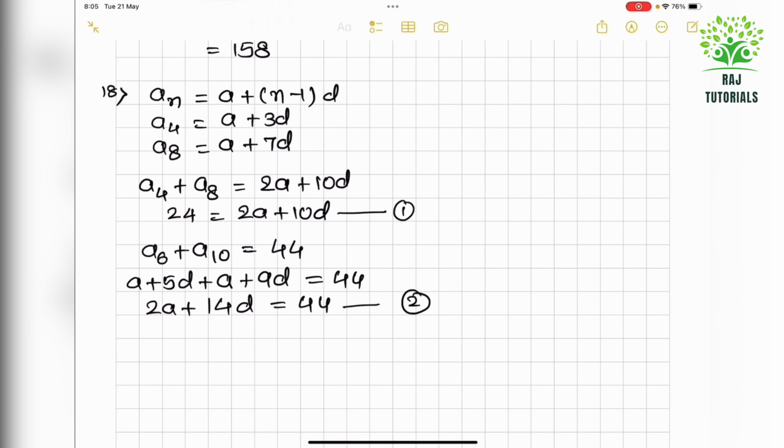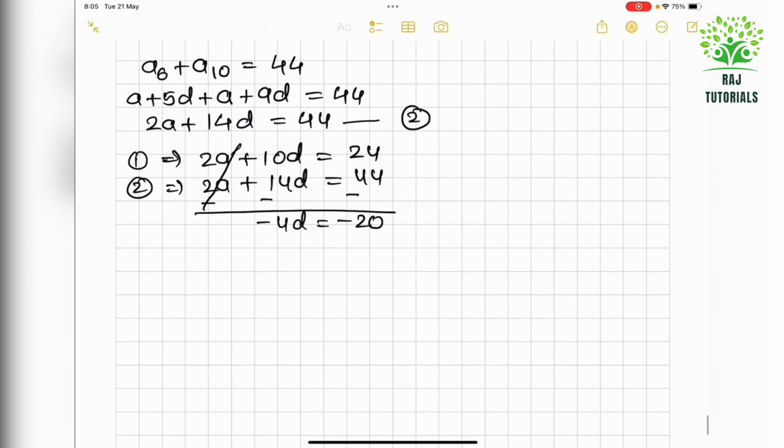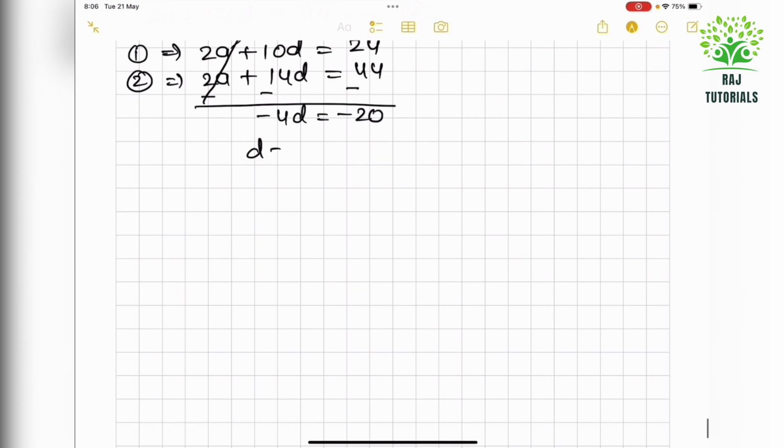Now, from 1 and 2, if I subtract, 2A plus 10D equal to 24 and second implies 2A plus 14D equal to 44. If I subtract them, see 2A cancel, minus 4D equal to minus 20. So, I will get D equal to 5 because minus both sides will get cancelled and 20 divided by 4 is 5. So I got D equal to 5.